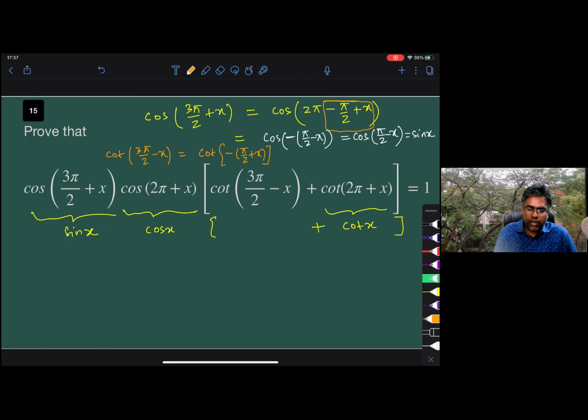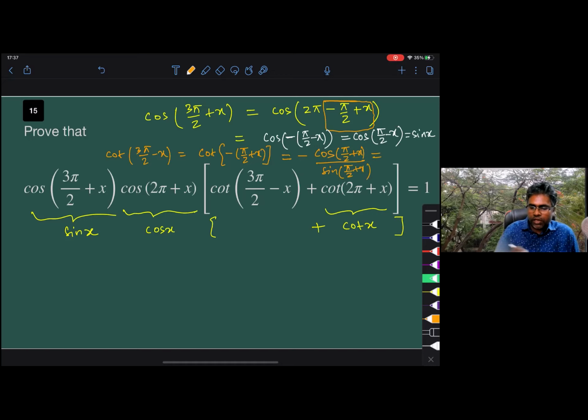Okay, now here you have to be careful. Sine of minus of some angle is minus sine. Because cot is like cos by sine, I think you will get a minus sign up front. So maybe you can split this: minus cos of pi by 2 plus x divided by sine of pi by 2 plus x.